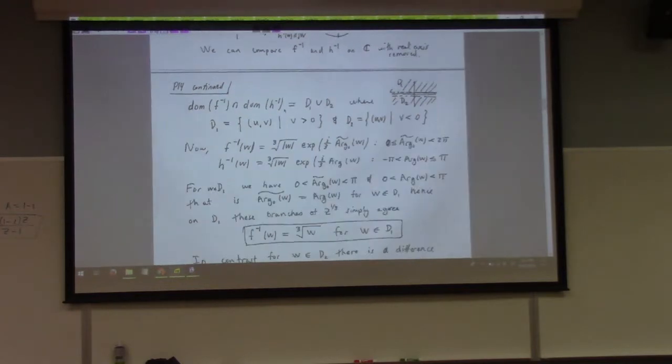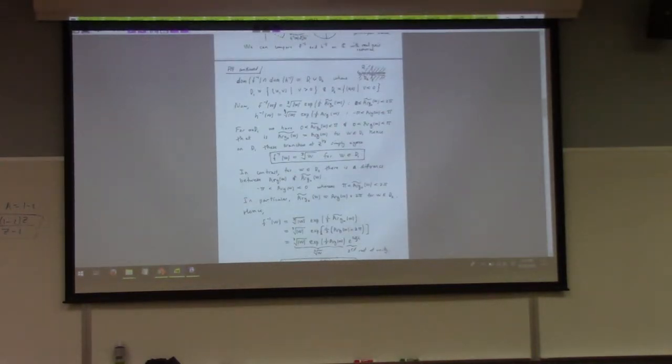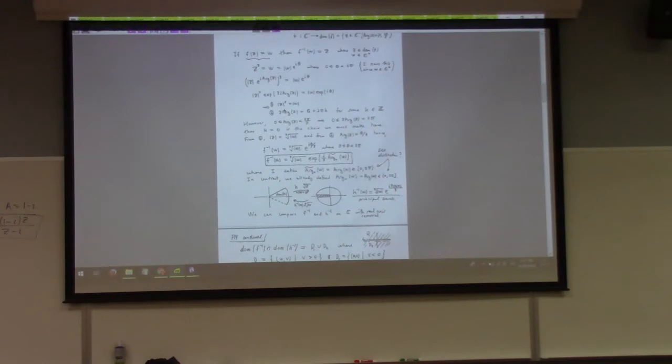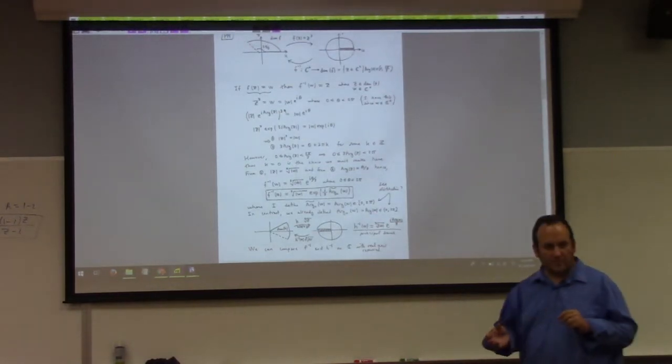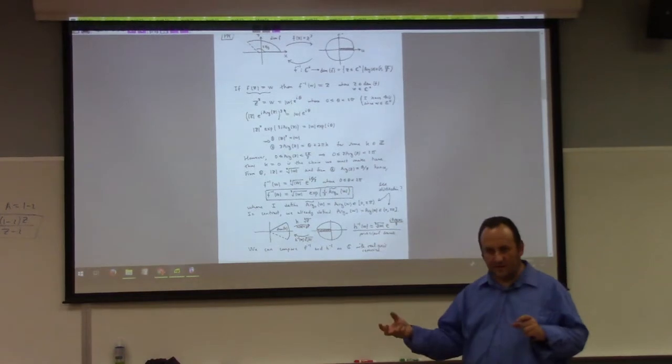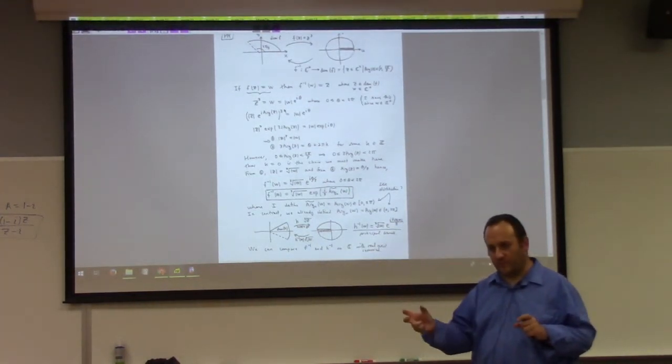Let me zoom back out a little bit. Oh, the domain of the inverse functions, though, right? The inverse functions, their domain is what? The one inverse function has domain C minus, right? The usual, the principal third root.